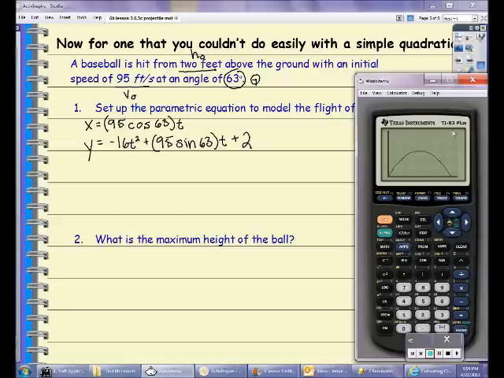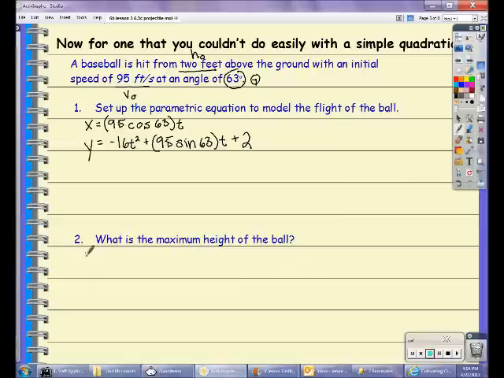Do you remember that? So we're going to go back here and be like, oh yeah, to find the vertex you needed to do negative b over 2a, and that would be your x-coordinate of the vertex, and then you had to plug it in to find the y-coordinate of the vertex.